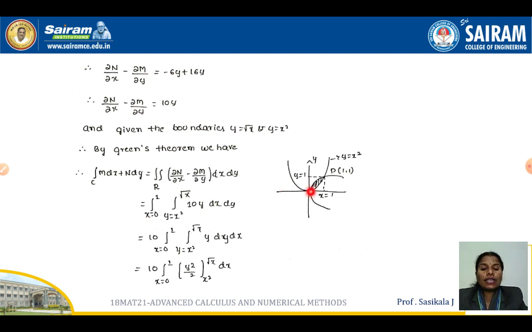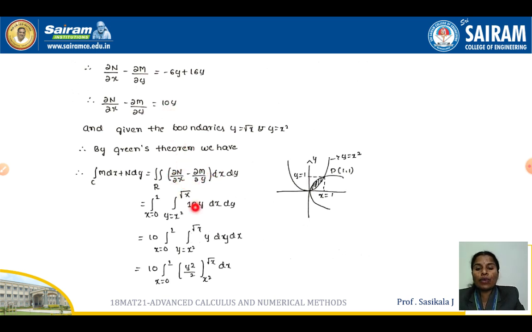To find y in terms of a variable limit, draw a line parallel to the boundary inside your region, going from downwards to upwards. Here the curve y equals x squared is where it starts, and it ends at the curve y equals root x. That's why the limit is given from y equals x squared to root x.